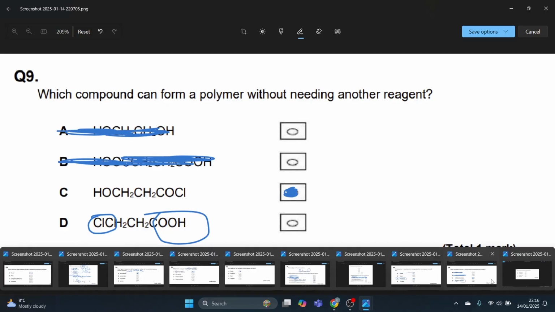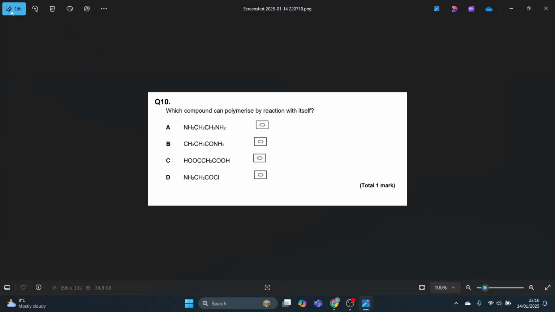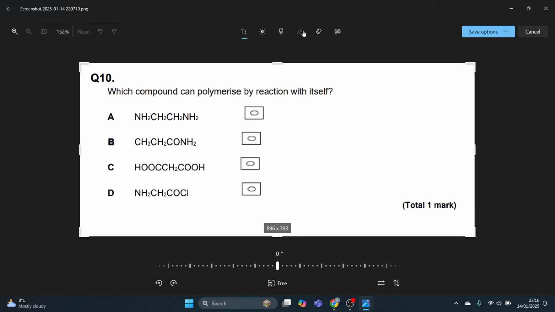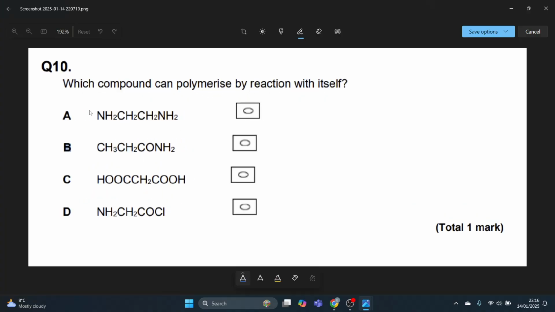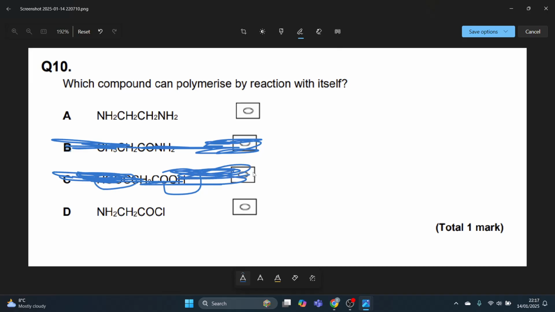And question 10: which compound can polymerize by reaction with itself? So this is diamine for A. B, definitely not going to be B. C, HOOC, COOH, no. So I'm left with A and D, and it's definitely not going to be A as well because that's diamine.